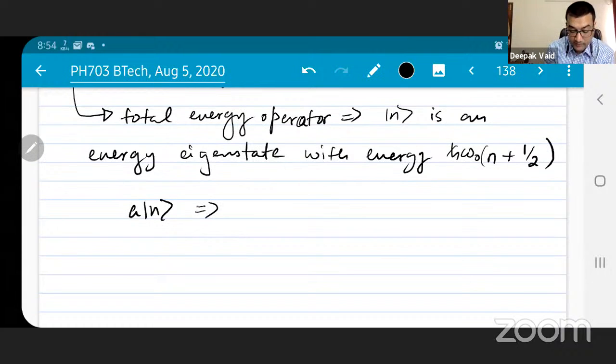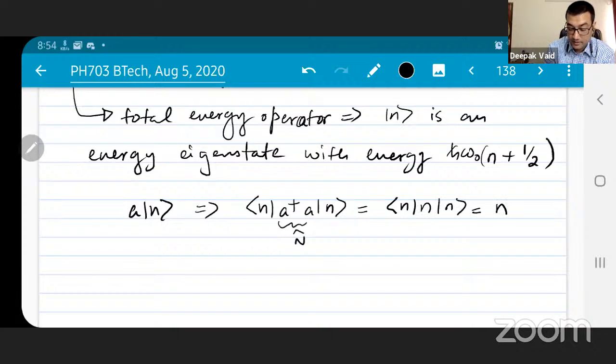The norm squared of this state becomes bra n A dagger A ket n, and this is equal to this operator n hat. So this becomes n times bra n ket n, which is equal to n. So this number n is equal to the norm squared of the vector A acting on n.